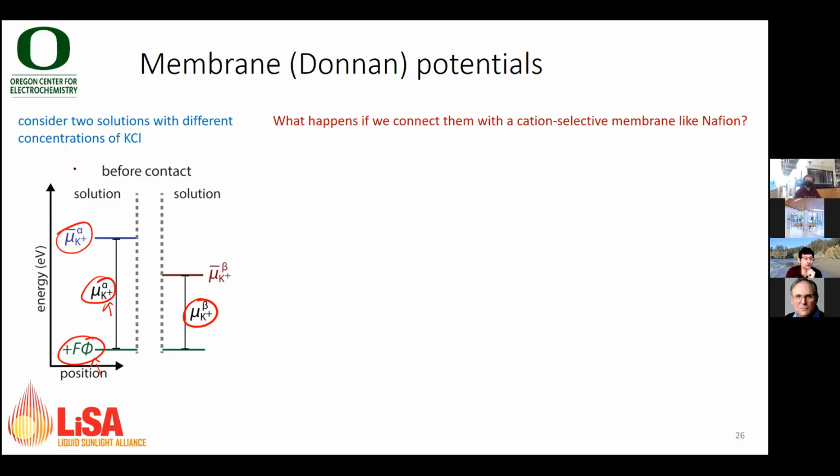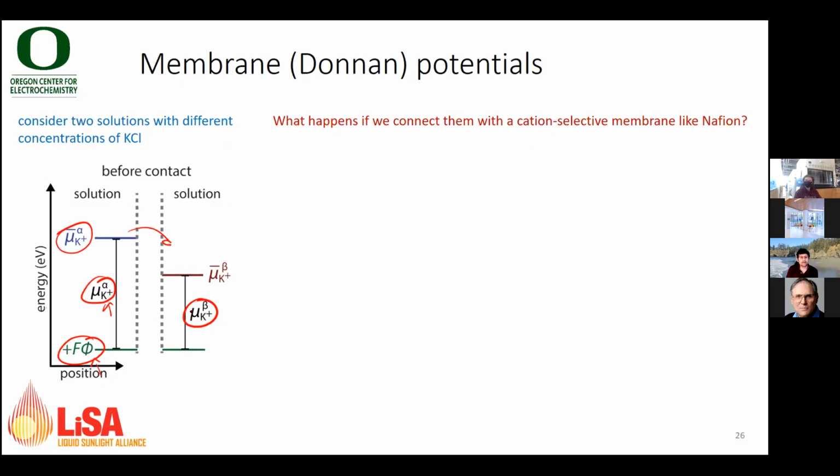One is, say, 1 molar KCl and one is 0.1 molar KCl. The ions will diffuse from high concentration to low concentration, which you of course know, but it's just the way I framed the question, right? So what would happen if I didn't put anything in between and I contacted these two things? Everything would move until the electrochemical potentials of all the ions were the same everywhere.